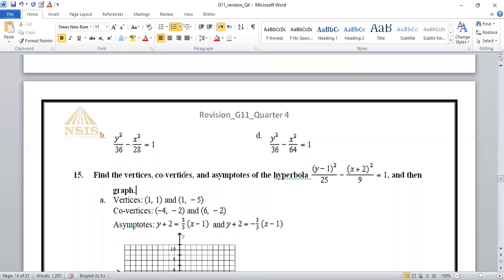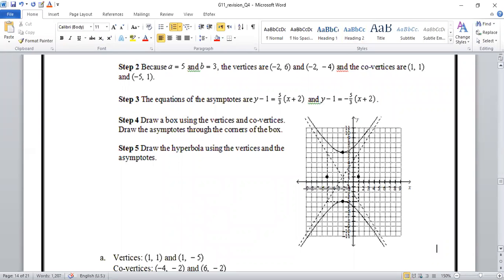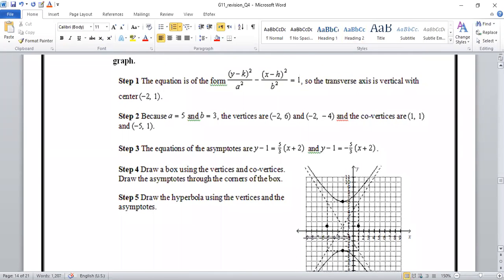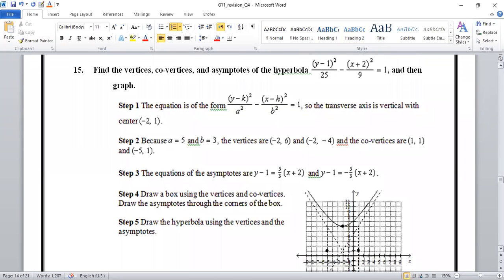From the equation, we can get a, b and the center of the hyperbola. Step number 1: the equation is in the form (y minus k) squared over a squared minus (x minus h) squared over b squared equals 1. So the transverse axis is vertical with center (-2, 1).